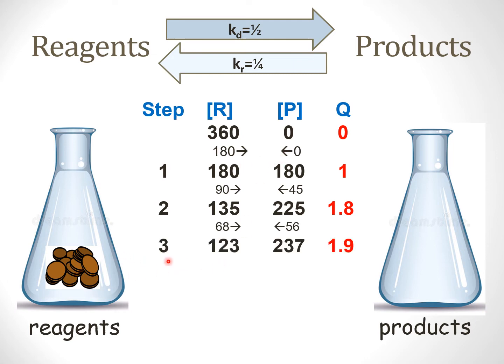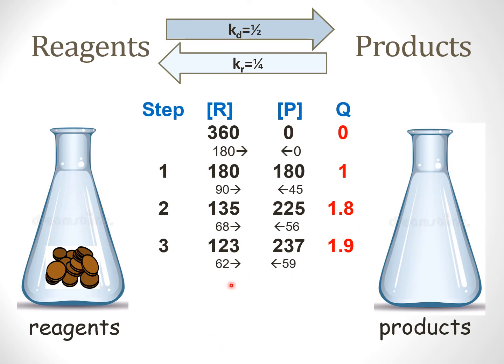So at the third step, on the reactant side we have 123 coins, and on the product side we have 237. Q is going up, now it's 1.9, but the amount of increase in Q is getting smaller, right? So it's getting kind of toward the steady state.